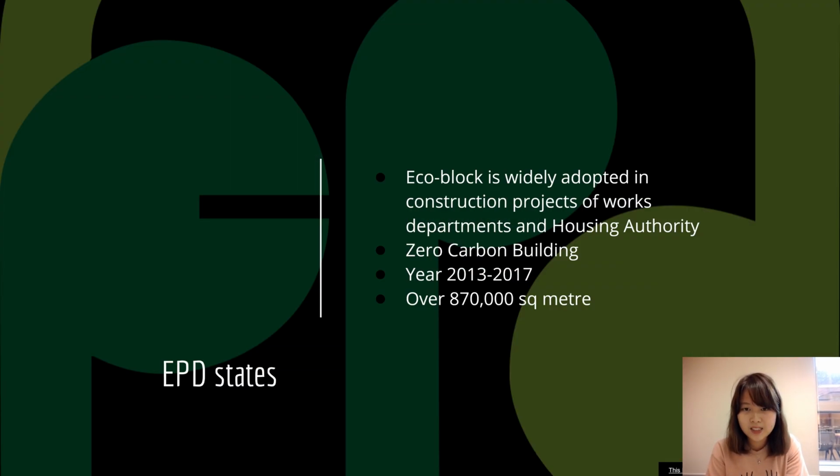According to the UPD, eco-block is widely adopted in construction projects of any works department and housing authorities, and it is also used in the zero carbon building. It mentions that there are over 870,000 square meters being used.